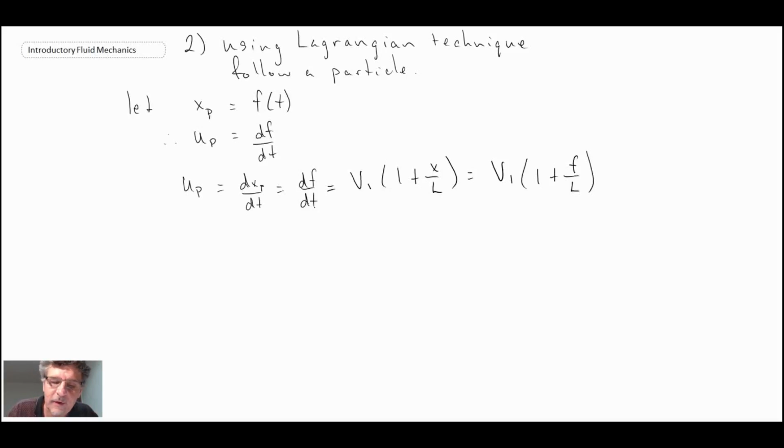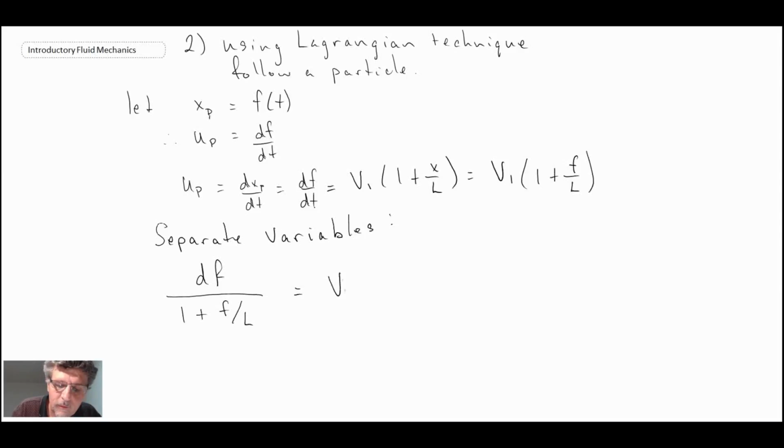Now we're going to separate the variables. We're going to get the f's on one side and the time on the other side. So we have an expression like that.